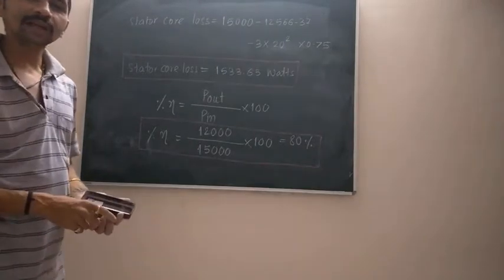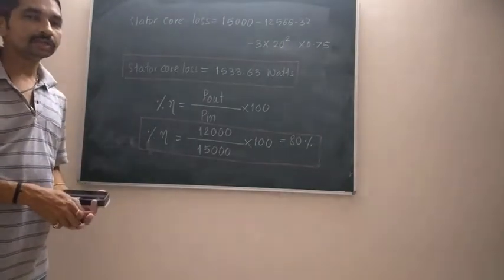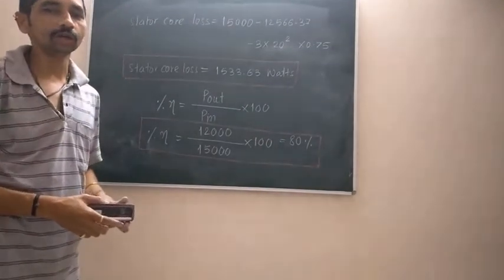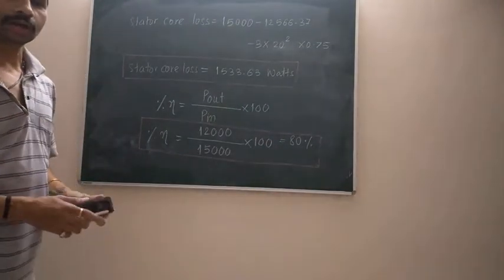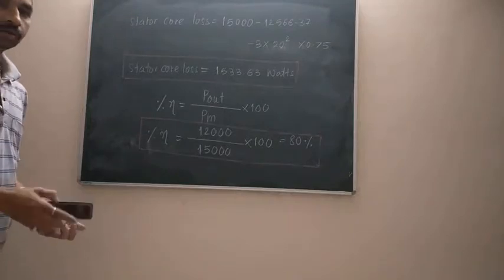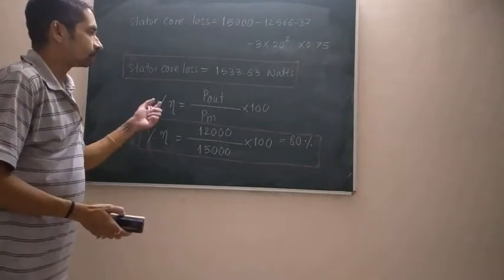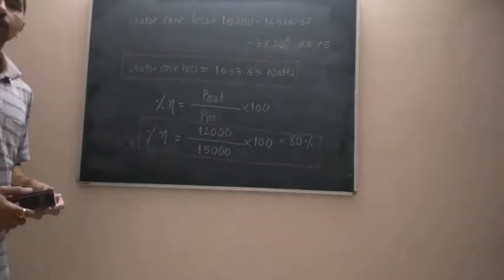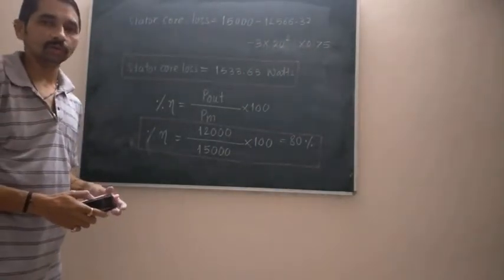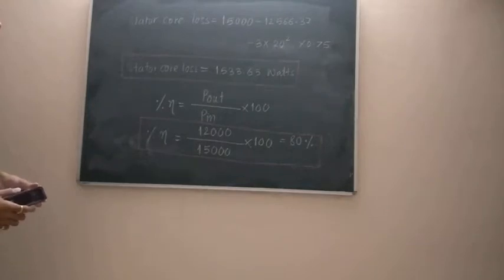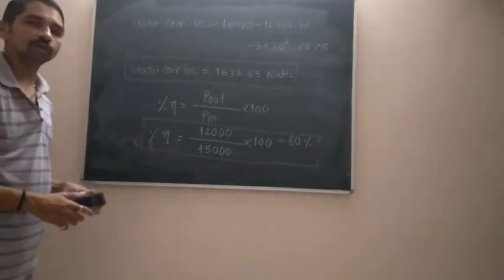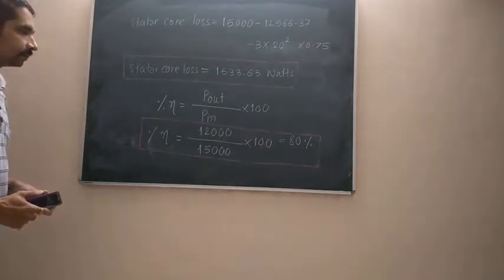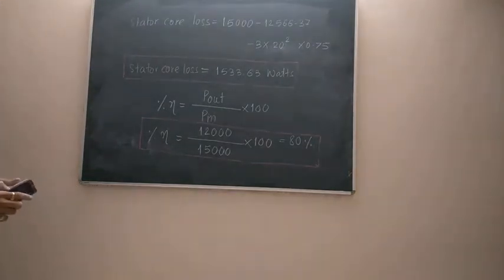There might be a slight variation in the digits, but that is okay because that will depend upon how accurately you are considering the calculated or obtained values. So I request you to please note down all the steps so that later on you can check the values on your own. This is the first numerical that we have solved based upon the concept of power flow. So let us proceed further with the next numerical.